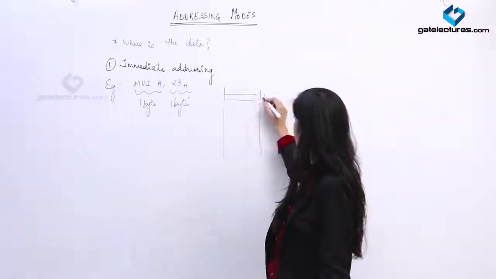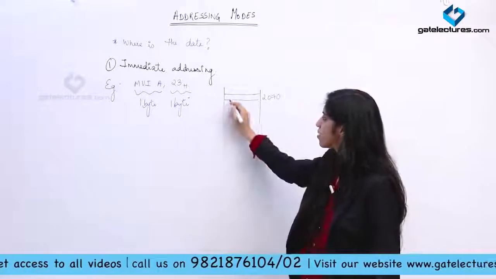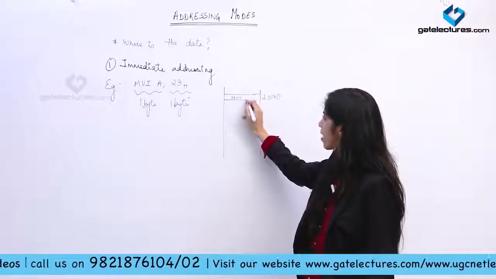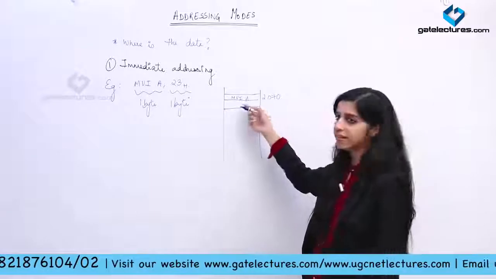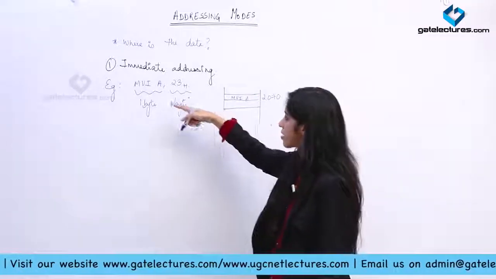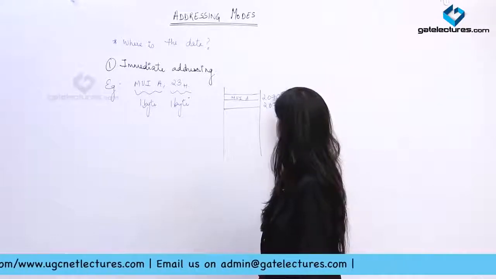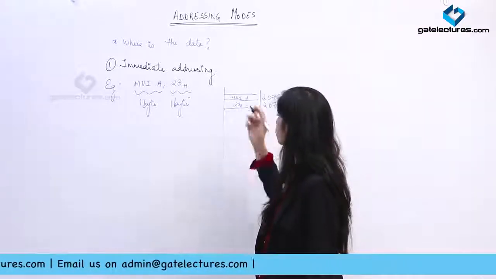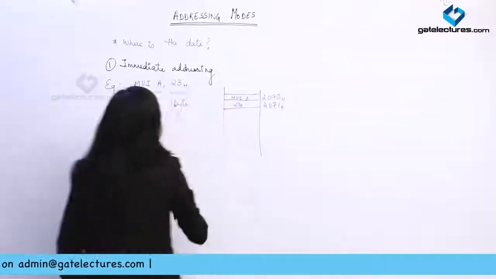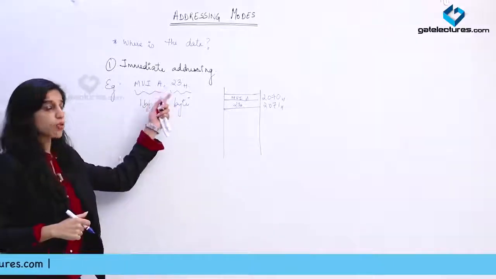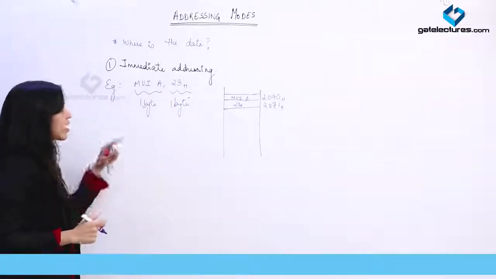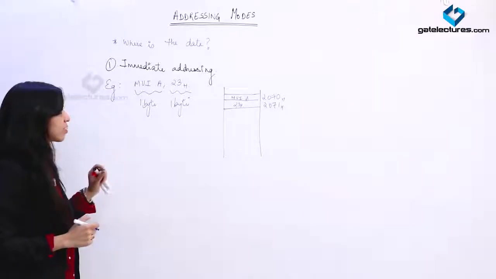Suppose at memory location 2070, this MVI A was stored. In the next memory location, that is 2071, this 23 is going to be stored. So this data is stored in the immediate memory location. That is why this is known as immediate addressing mode.